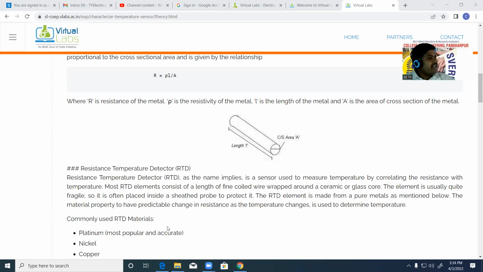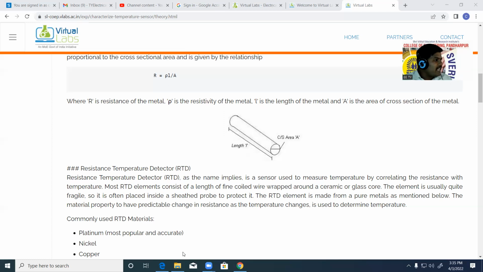How can the resistive element be formed? We wrap the resistive wire, like a tungsten element or a heating coil, in a round or U shape. So the RTD is nothing but a resistive element.